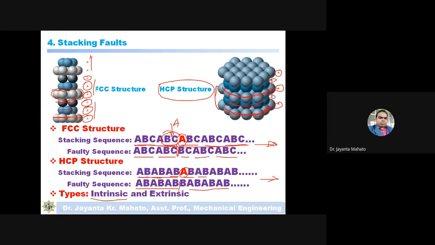And when one plane of atoms is removed from its regular sequence, then it is called the intrinsic type stacking fault.